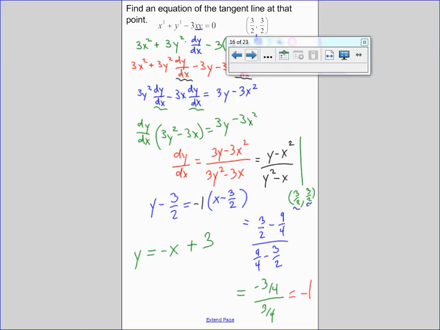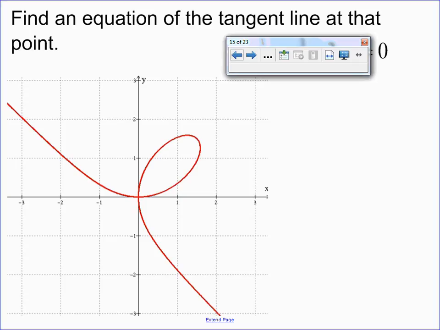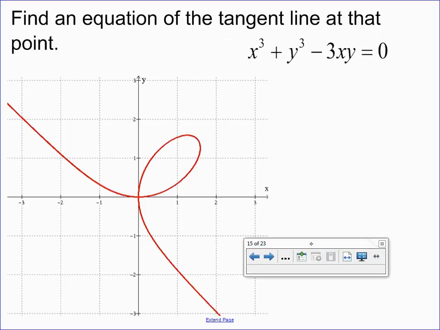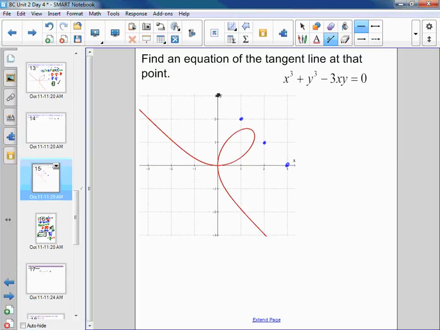Can we visualize that? Let's see. So that's why I wanted to include the grid for you guys. So if we were to do negative x plus 3, here we have down 1 over 1, down 1 over 1, down 1 over 1. My super duper line tool.